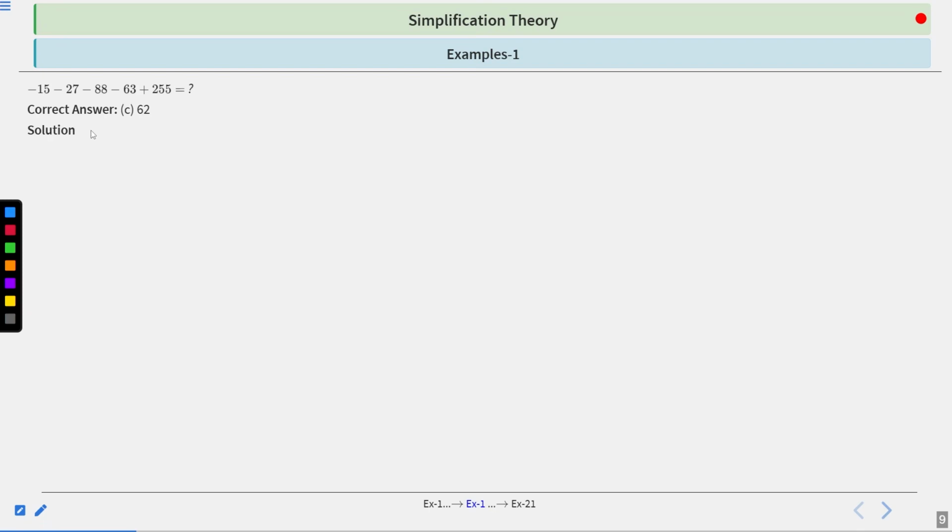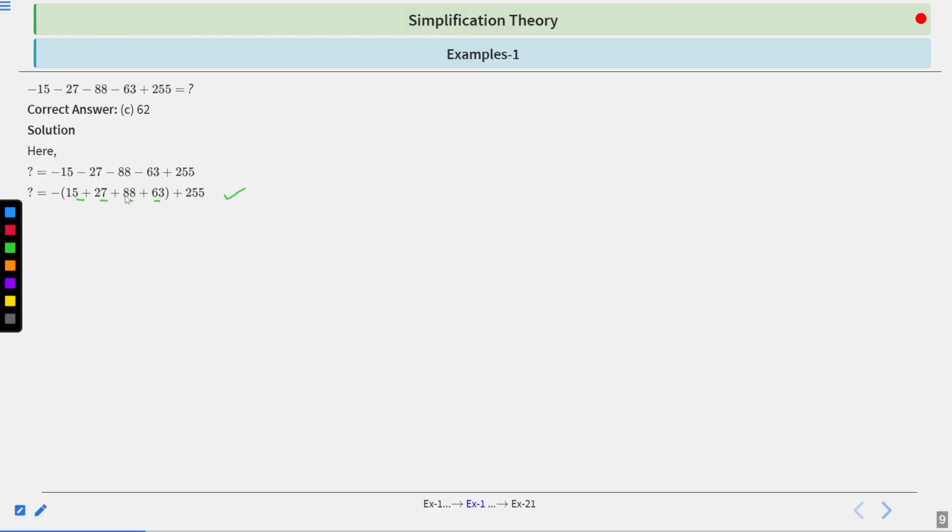Now see the solution. The question says minus 15, minus 27, minus 88, minus 63 plus 255. We can take minus common in all these four. If we take minus common, the numbers become, in the bracket, 15 plus 27 plus 88 plus 63, bracket close, plus 255.